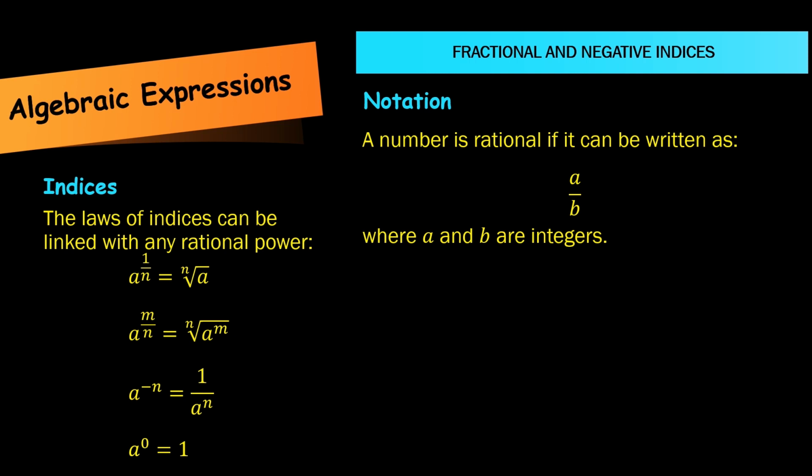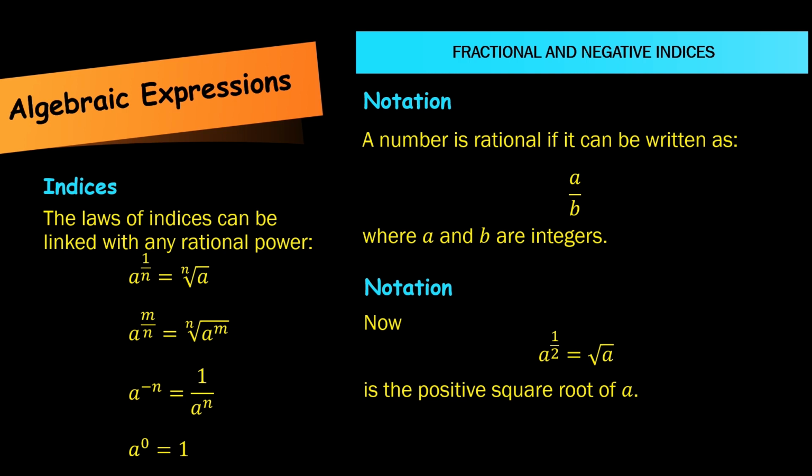Now a to the power 1/2 is the positive square root of a and is denoted as shown on your screen. So for example, 25 to the power 1/2 equals the square root of 25, which equals 5. However, 25 to the power 1/2 is not equal to -5.